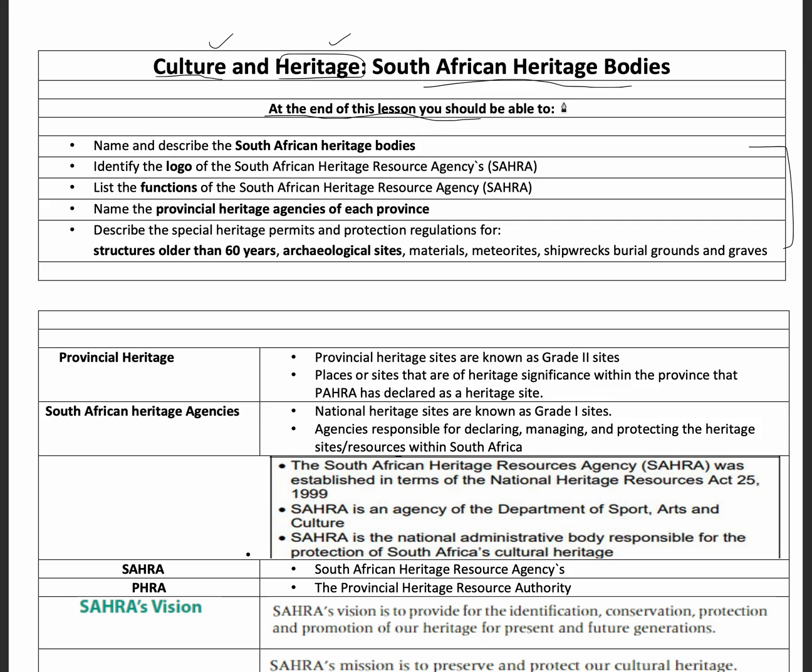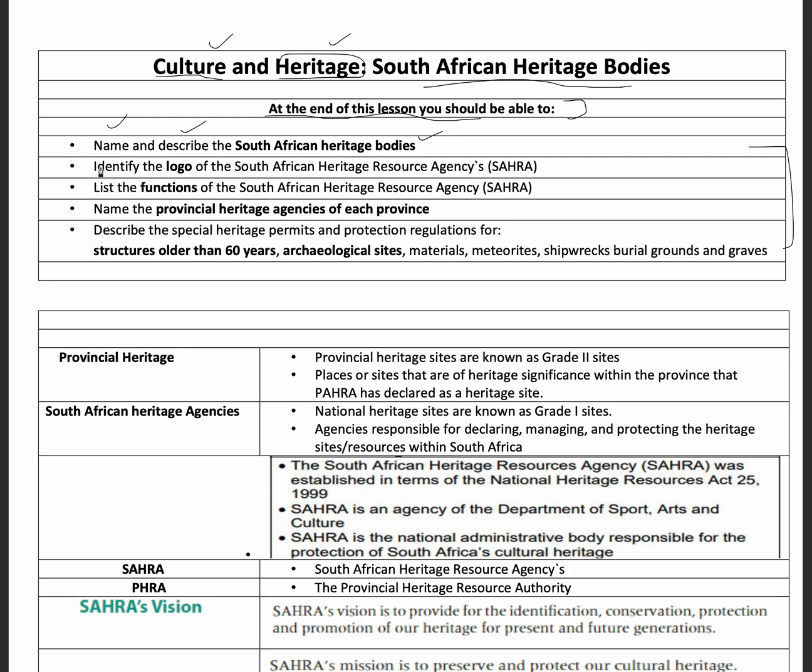At the end of this lesson, these are the things that you need to understand, that you'll be tested on. The first one is to be able to name and describe the South African Heritage Body. When we talk about the South African Heritage Body, what are we talking about?